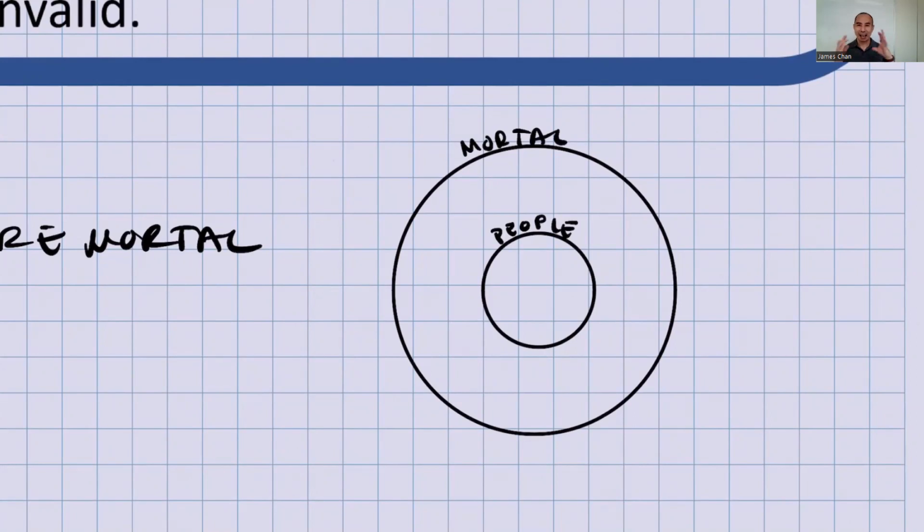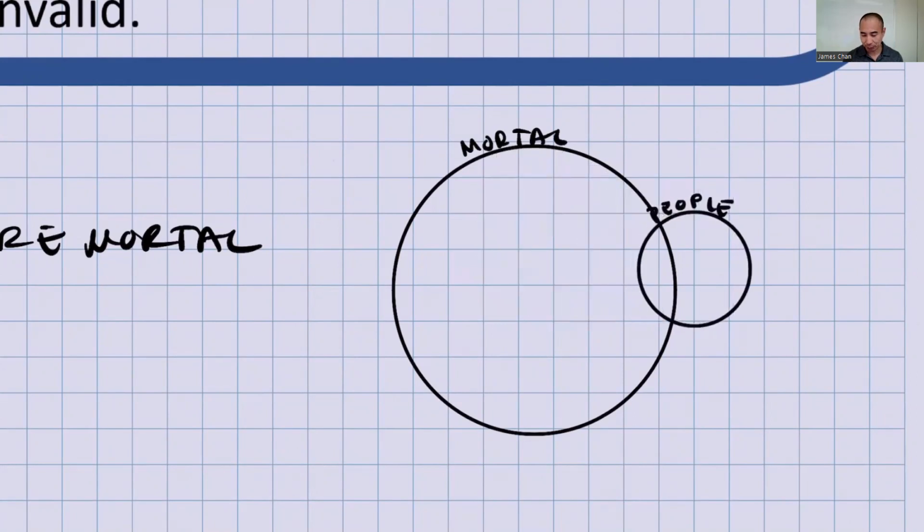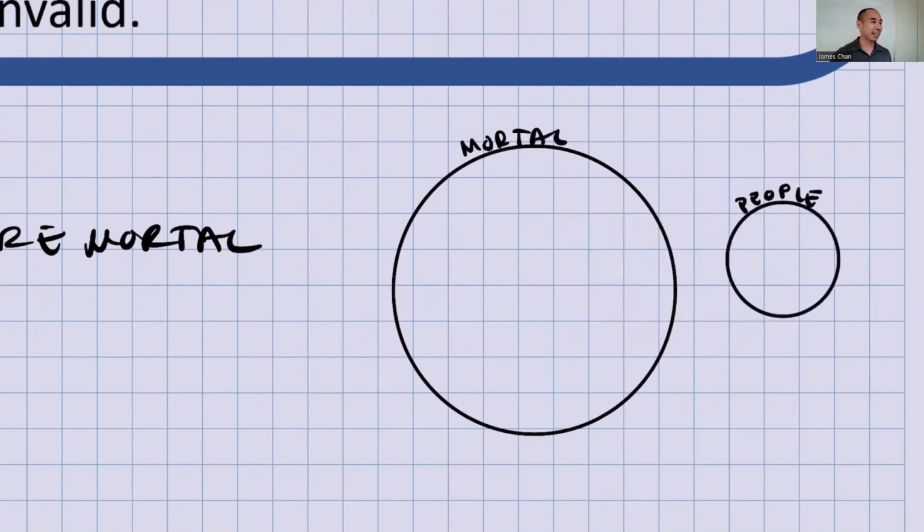That means every single person is inside the Venn diagram of mortals. Does that make sense? Because that's what this is actually saying, that all people are mortals. Now, if I had this right here, it would say that some people are mortal. Make sense? And if I put it here, it would say nobody's mortal.